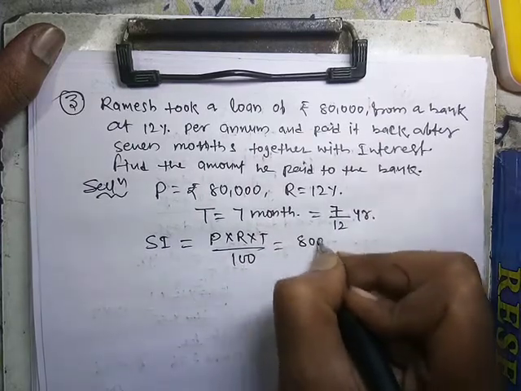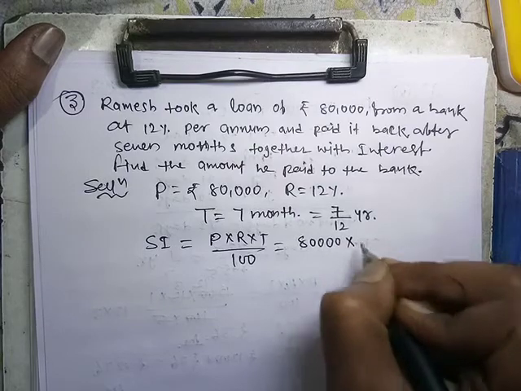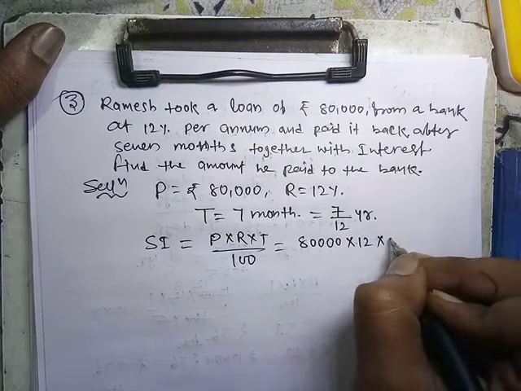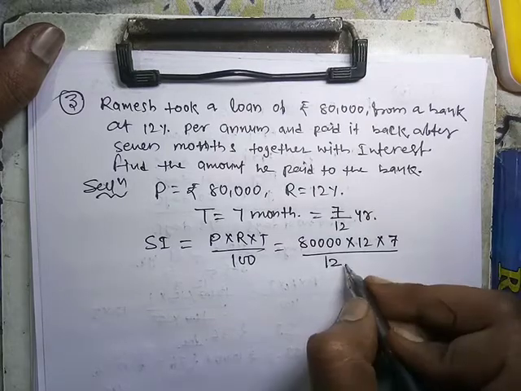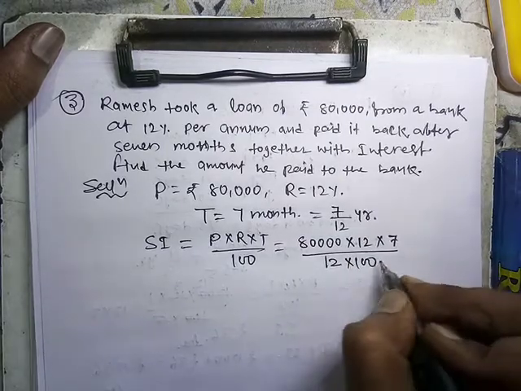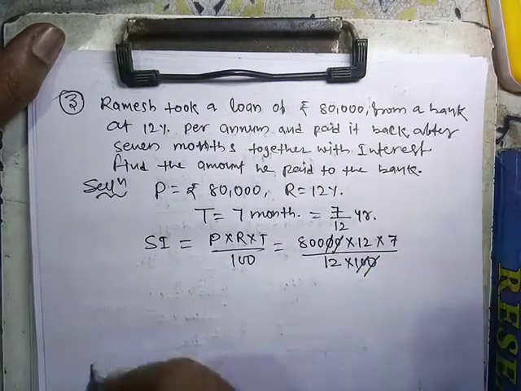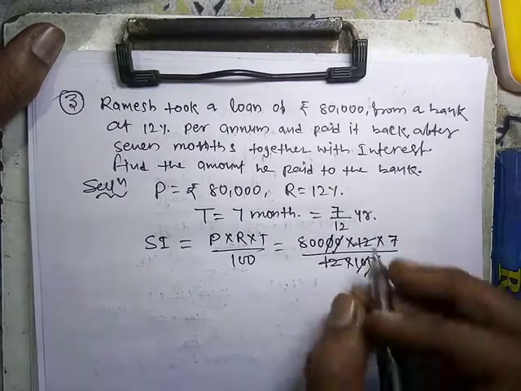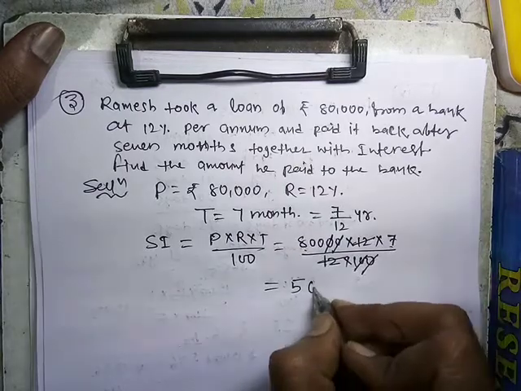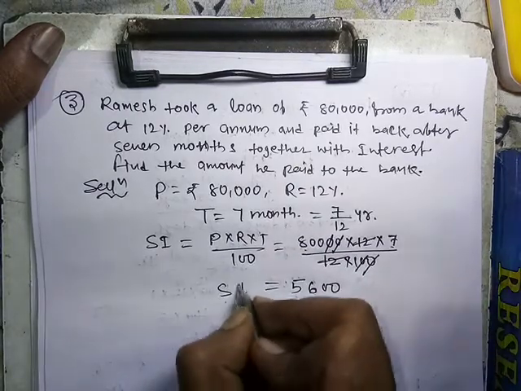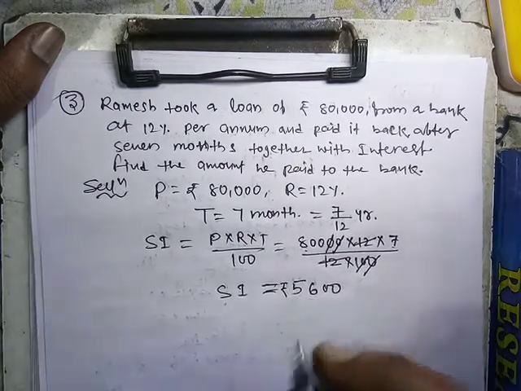Here P is 80,000, R is 12%, time is 7 by 12. So we write 12 in the denominator into 100. Here the zeros cancel with zeros, 12 cancels with 12. After solving we get 8 into 7 into 100, that is 5600. So SI is equal to rupees 5600.